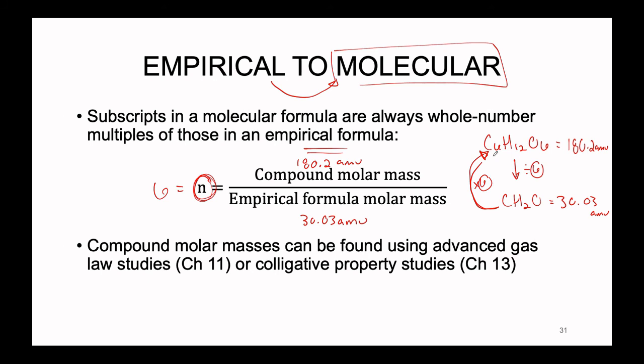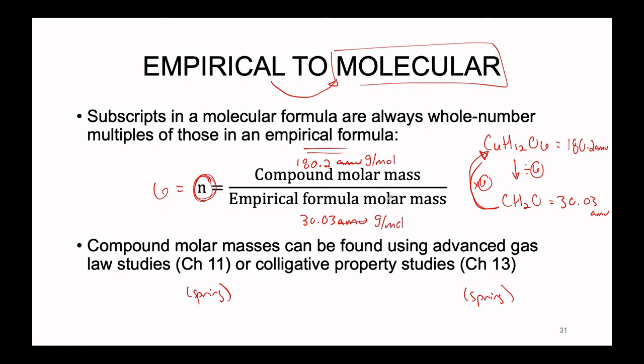All right, so these compound molar masses, where do these come from? We can find them experimentally using either advanced gas law studies, which we're going to be learning about in Chapter 11 in the spring, or using colligative properties, so solution studies, in Chapter 13, which we're also going to be learning about in the spring. So for now, I'm going to be giving you the compound molar masses that you might need, either in atomic mass units or in grams per mole.